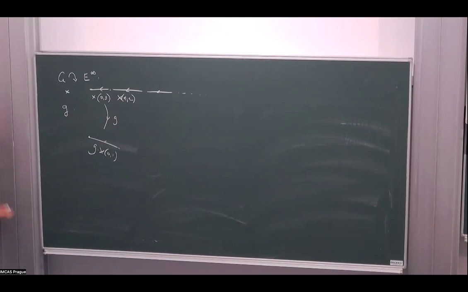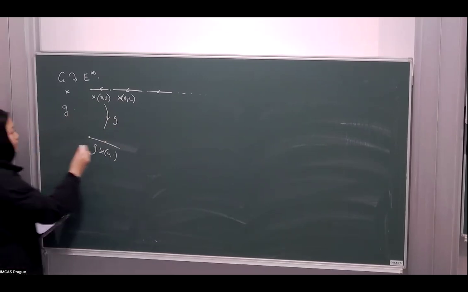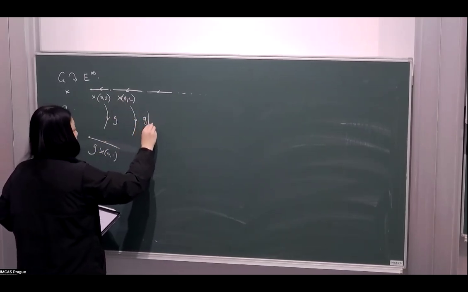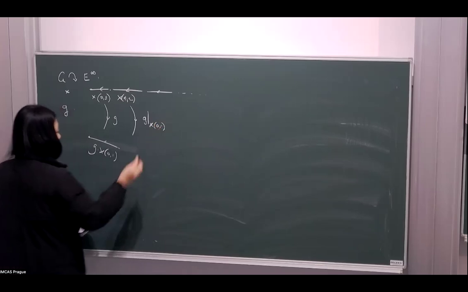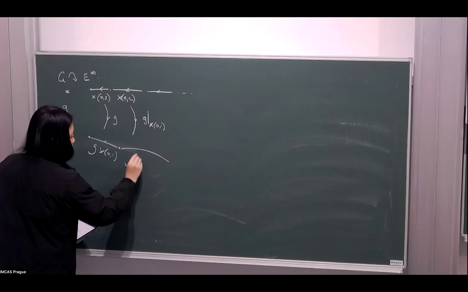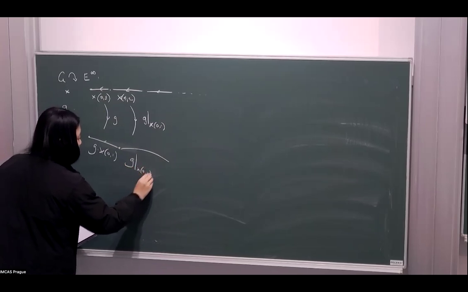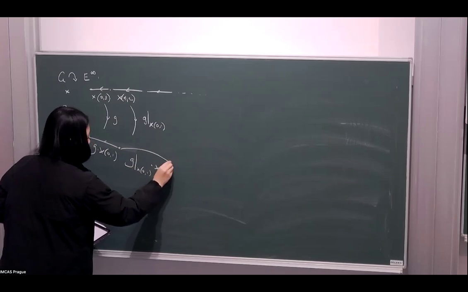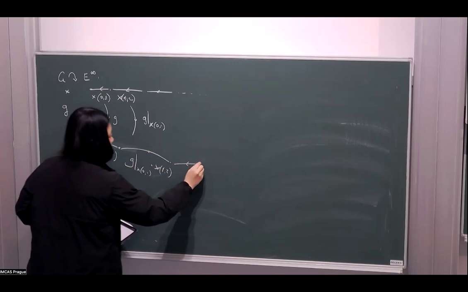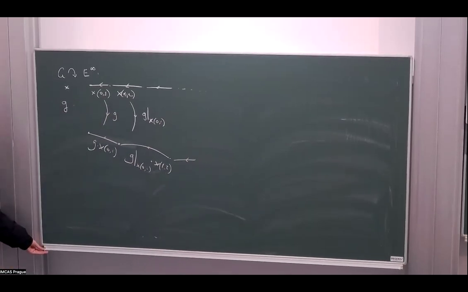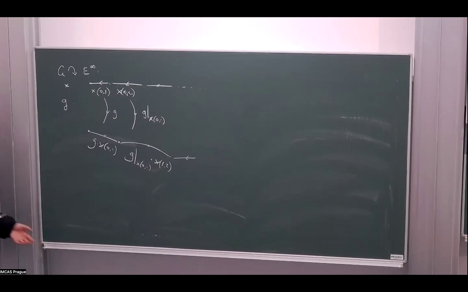And when I do the second part of the action, I need to twist this group element G a little bit by what I have traversed. So here, I will act by this element G restricted to x_{0,1}, and move x_{1,2} somewhere. The acting element is changed, but it acts on x_{1,2}, and so on and so forth. It's really a very naturally induced action of the group G on the infinite path space.